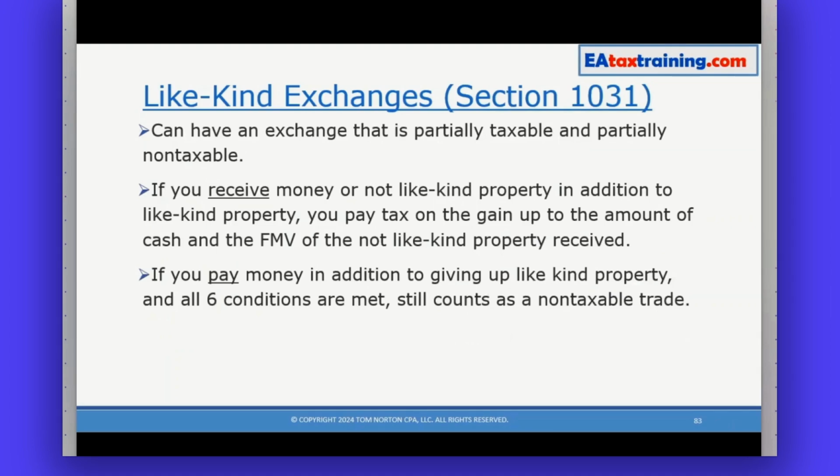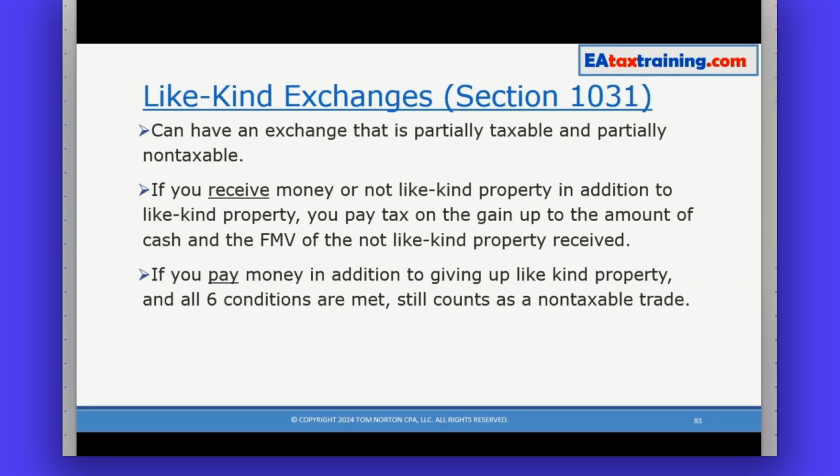So you will sometimes hear this, the cash and not like-kind property, referred to as boot, B-O-O-T, boot. I don't know why, but that's what they call it. So if you receive boot in addition to the like-kind property, then you will pay tax on the gain from the disposition of your property up to the amount of that boot that was received.